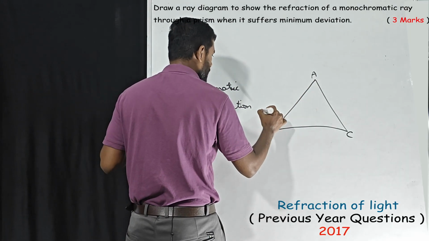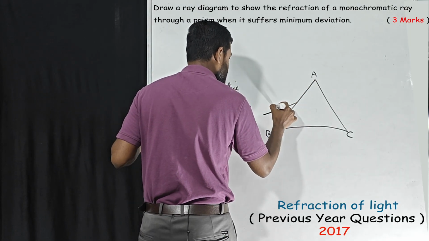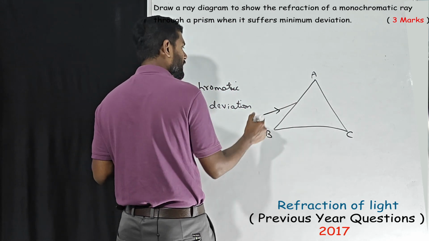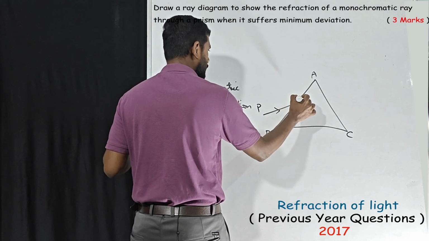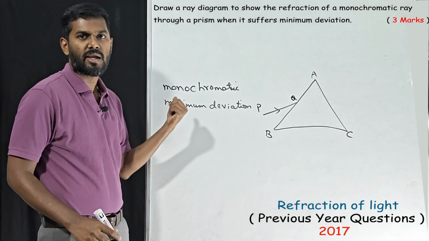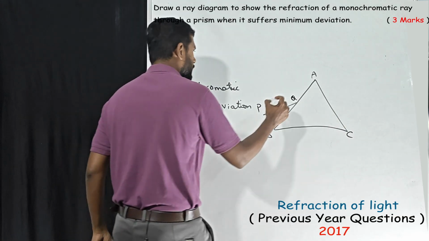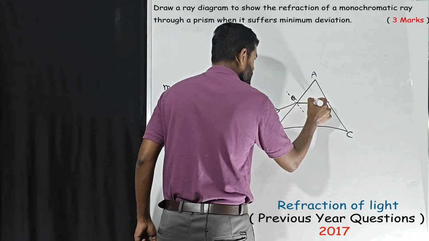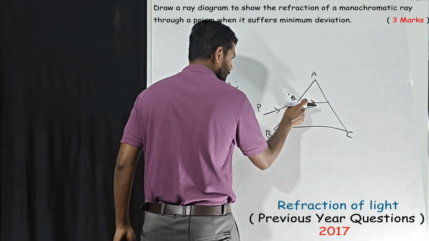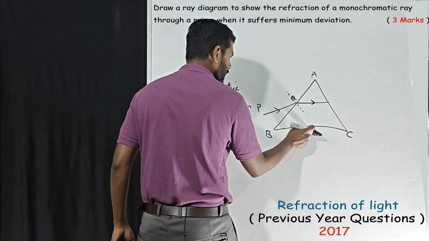Now a ray of light is incident. You give one more name for this, PQ. PQ is the incident ray. Now here draw the normal. This has to be very straight. This line has to be parallel to the base.